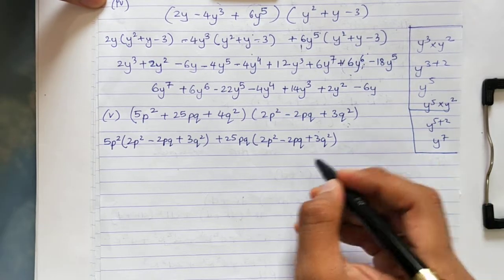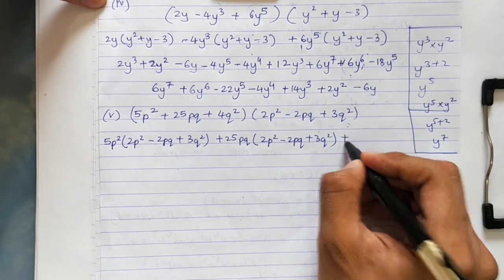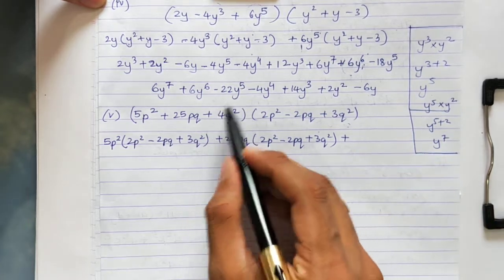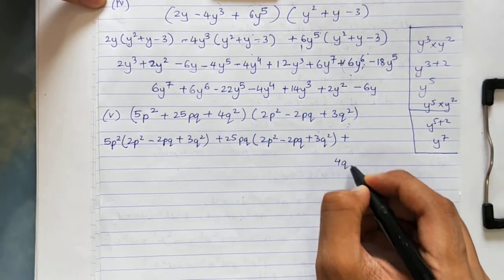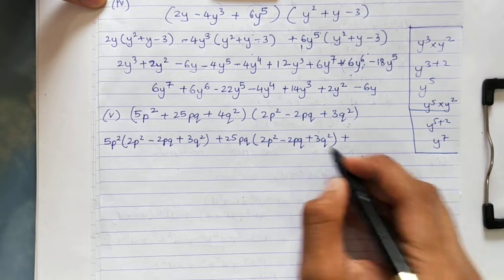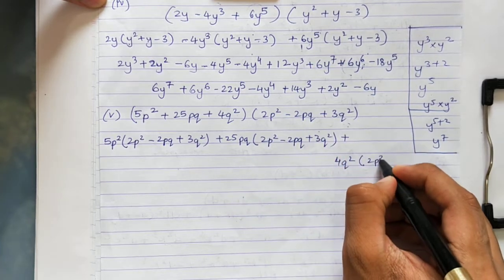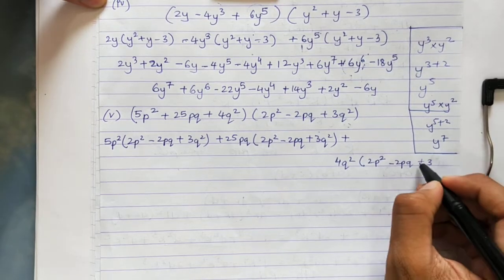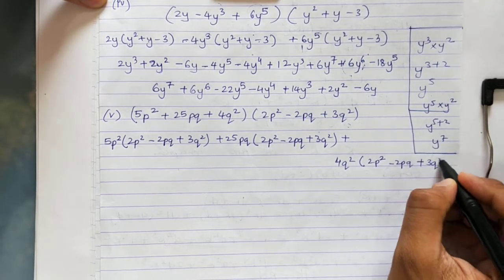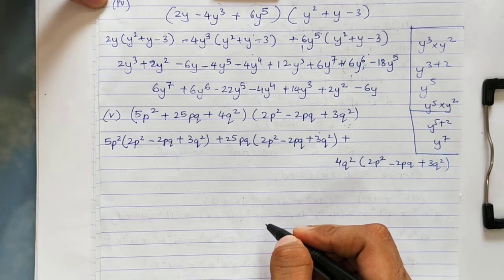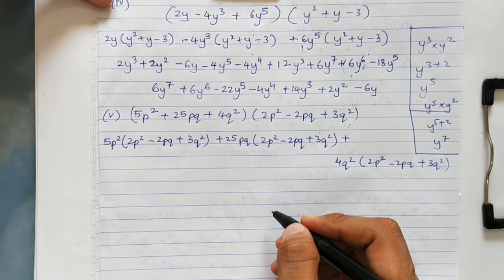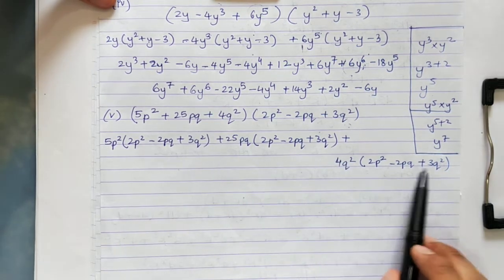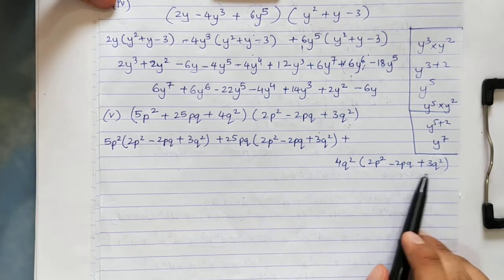Then plus 4q square, you multiply it with 2p square minus 2pq plus 3q square. Let's open the bracket now.